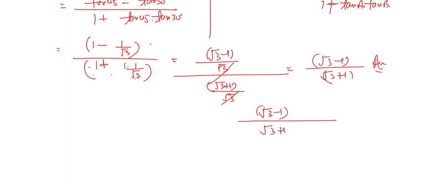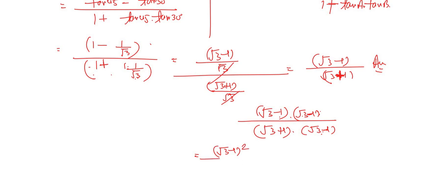Can I multiply by root 3 minus 1 up and down? See, this is plus, so I have taken the minus sign and multiplied up and down. We can do that. Correct? So this into this, what is it?